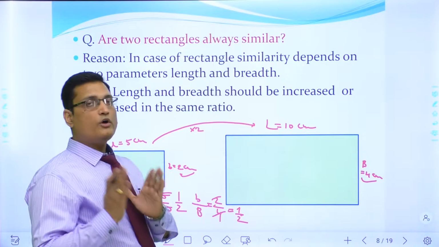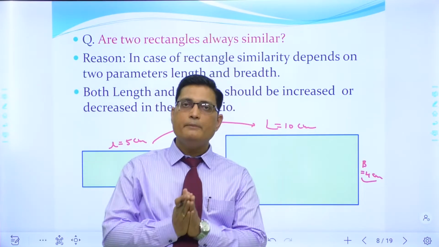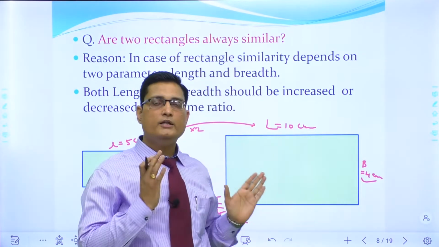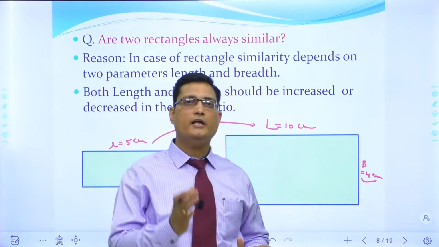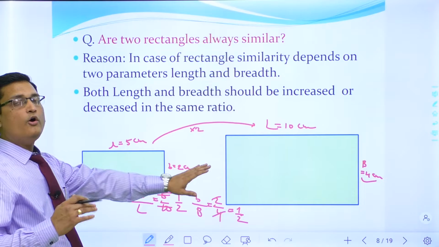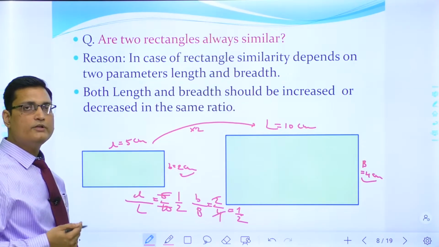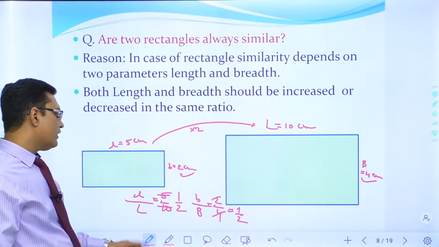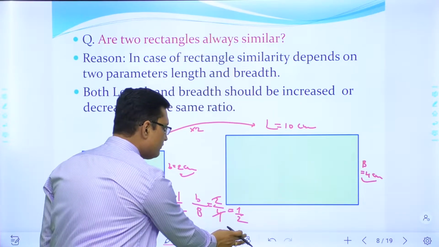So students, rectangles are similar when they follow this case, that the length and breadth change, or you can say increase or decrease, in the same ratio. So this is about the rectangle.